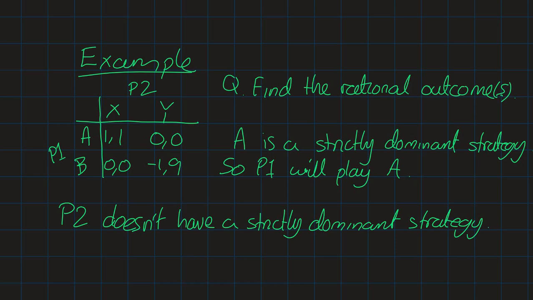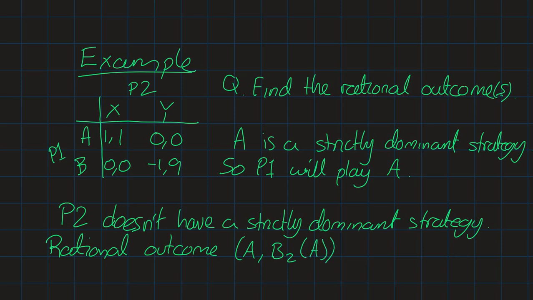But player 2 is still a rational person, and player 2 knows that player 1 has a strictly dominant strategy. So player 2 is going to do the best thing they can with that information. So the rational outcome is going to be A, the best response for player 2, given that player 1 plays A. If we assume that player 1 plays A, what's the best thing that player 2 can do?